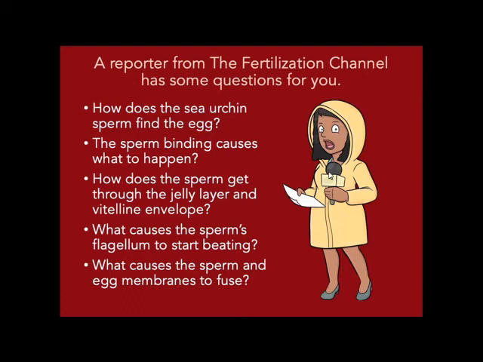Oh, from the acrosome reaction, it's digesting stuff, and also the sperm starts whipping its tail around. So what causes the sperm's flagellum to start beating? I think it's contact with the membrane. All right? So what causes the sperm and the egg membranes to fuse? That's just when the sperm gets all the way up to the membrane. Yeah. Okay.